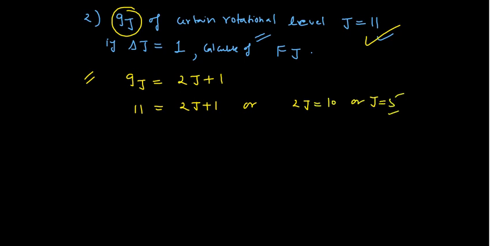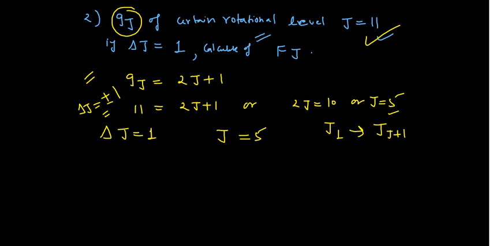So your j value is coming out to be 5, and it is rotational spectroscopy, and delta j value is 1. So what it means, if j is 5, transition is happening from where to where? J to j plus 1. You know, in rotational spectroscopy, delta j can always be plus minus 1. So if j is 5, then definitely j plus 1 would be 5 plus 1 equals to 6. So this 6 you are getting here.